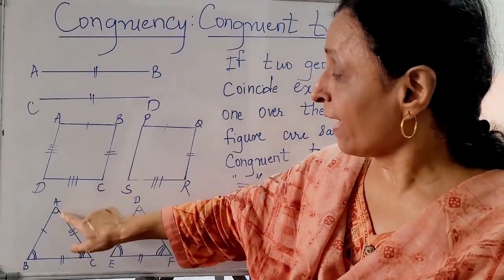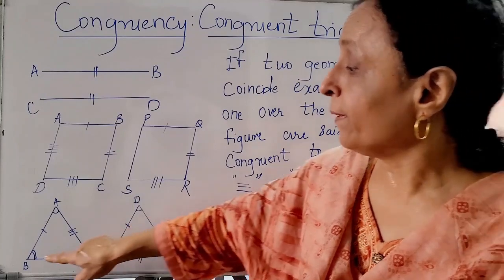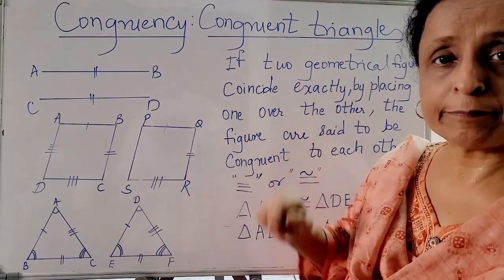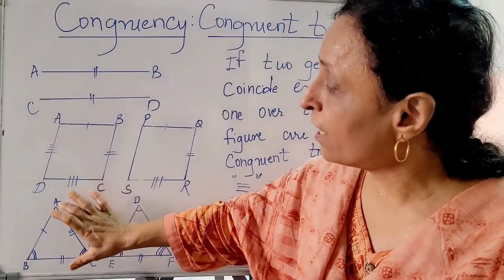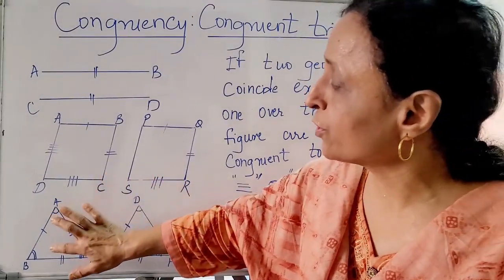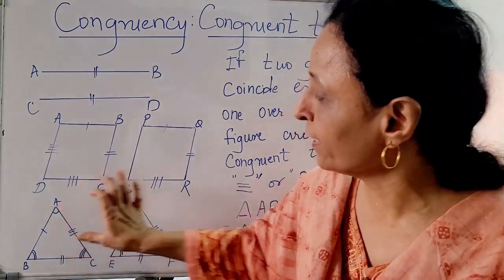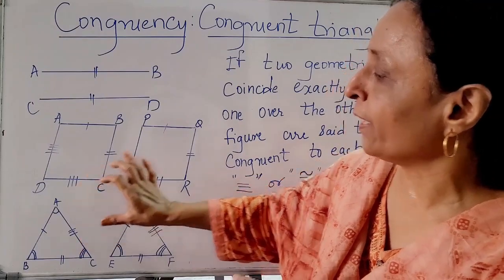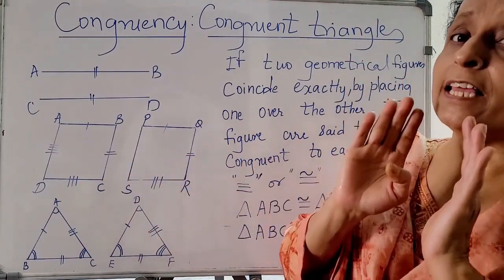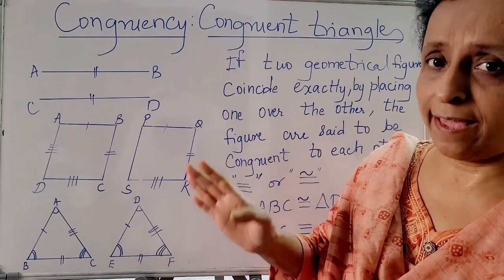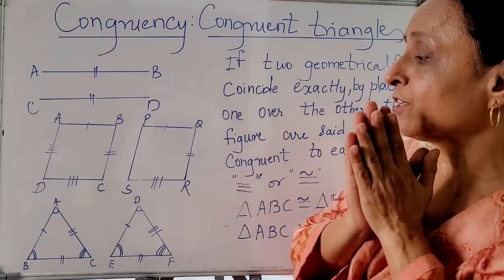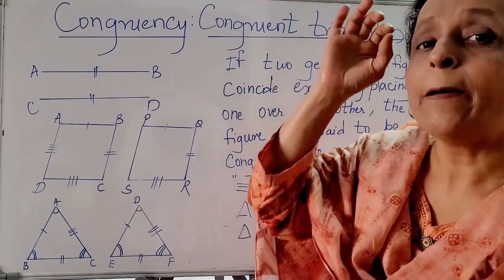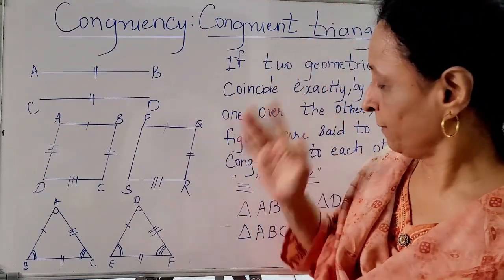The angle A is equal to D, B is equal to E, C is equal to F. So these are corresponding angles which are equal, corresponding sides which are equal, and when the figure is placed one above the other, they are exactly the same. They coincide with each other, and they are exactly the same in all manners.